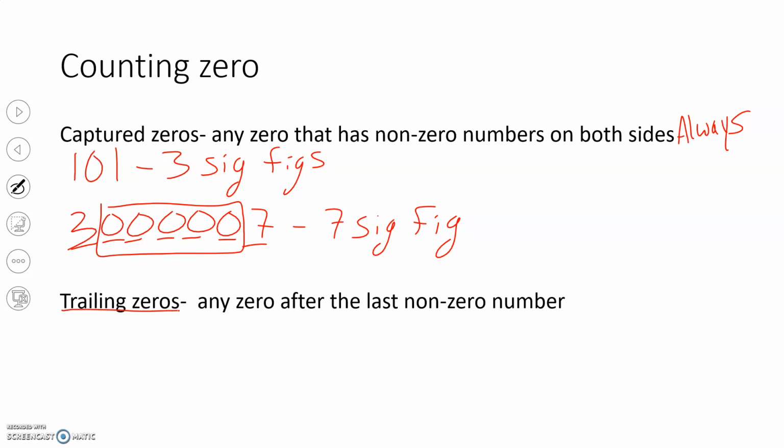Trailing zeros are sometimes significant, depending on the situation. So those are sometimes. What you're going to be looking for is a decimal place. So if it has a decimal place or if it does not.